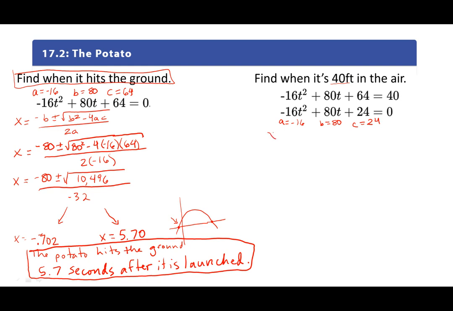So here we've got x equals negative b plus or minus the square root of b squared minus 4ac all over 2a.